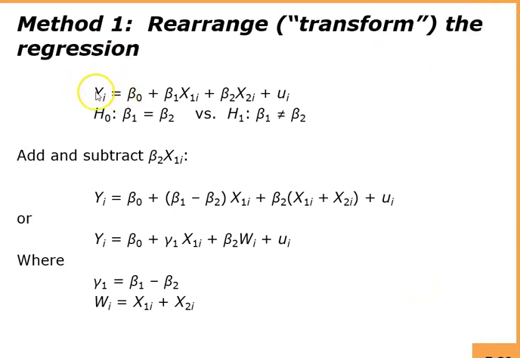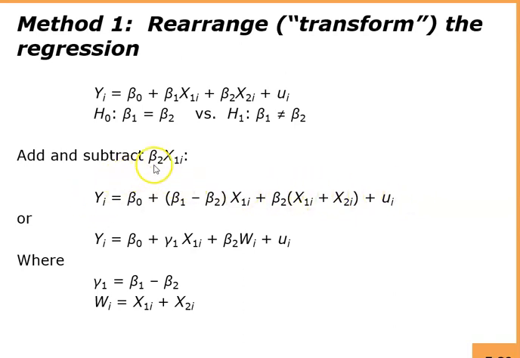So, for example, if this is the regression equation that we are estimating, we have two variables over here, x1 and x2, and both obviously have their separate coefficients, and that is what we are testing for: that beta 1 is equal to beta 2 versus the alternative hypothesis that beta 1 is not equal to beta 2. When that is the case, if we simply add and subtract beta 2 x1i to this initial regression equation, we can simplify the equation to this equation.